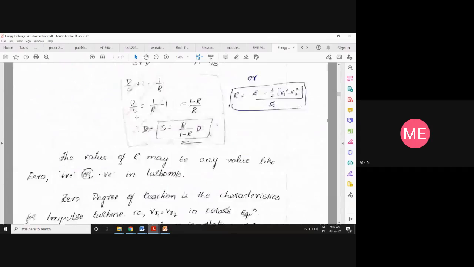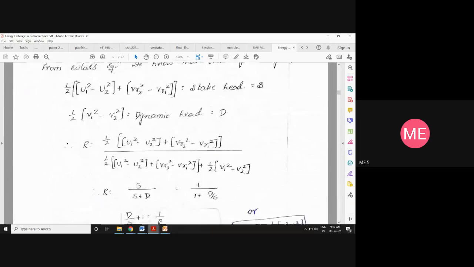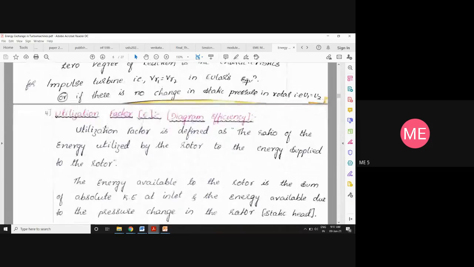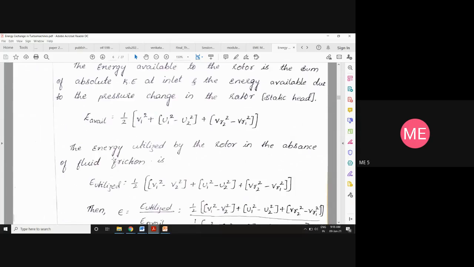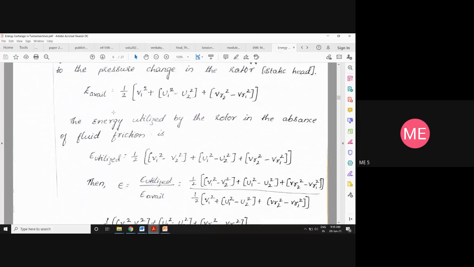The next heading is utilization factor. It is defined as the ratio of energy utilized by the rotor to the energy supplied to the rotor. Again, this is also expressed in terms of different heads. See here, energy available is this, and energy utilized is this.